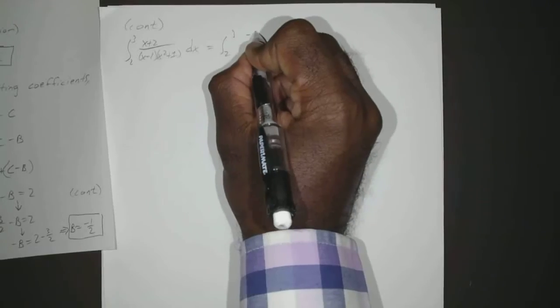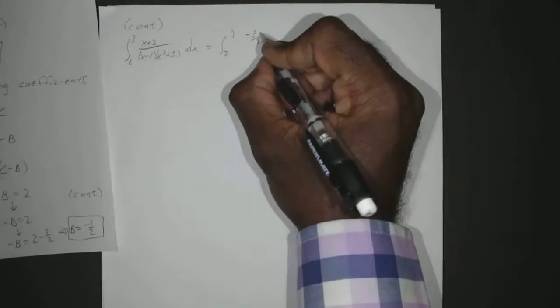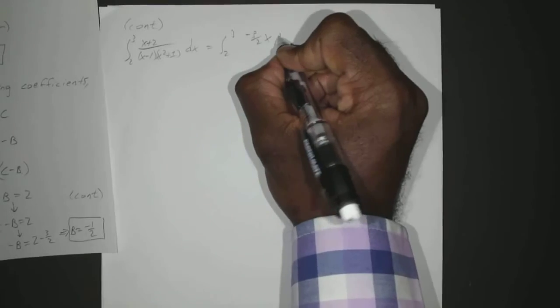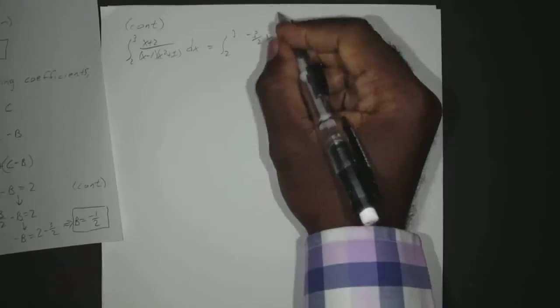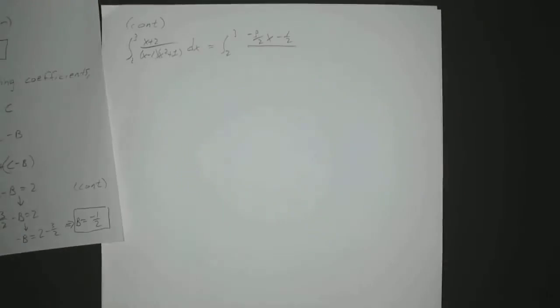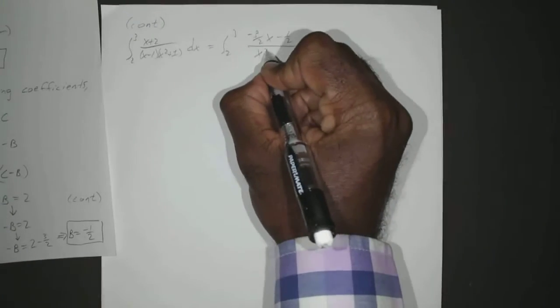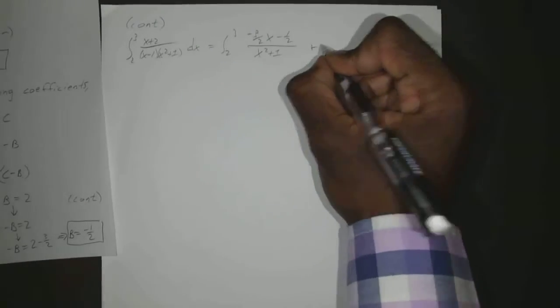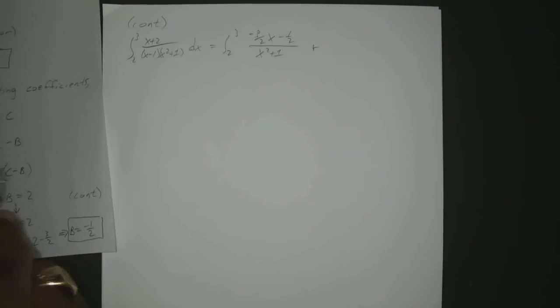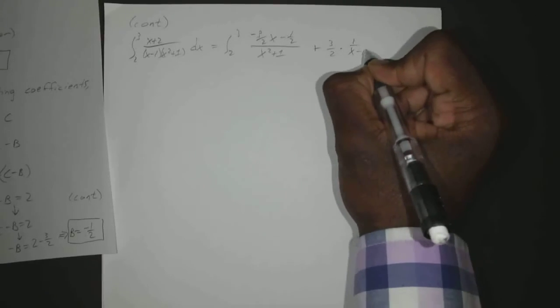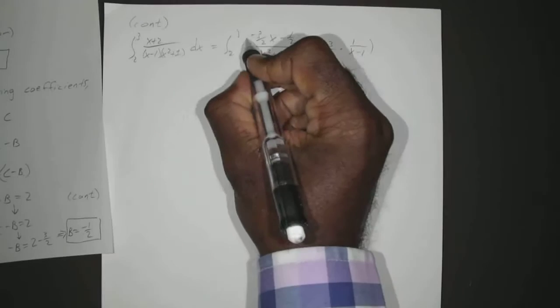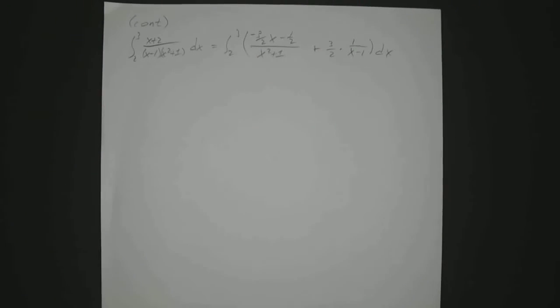We know our a is negative 3/2, so you have negative 3/2 times x plus b, which is negative 1/2, so we make that minus 1/2, all over x squared plus 1, plus c, which is 3/2, times 1 over x minus 1 with respect to x.